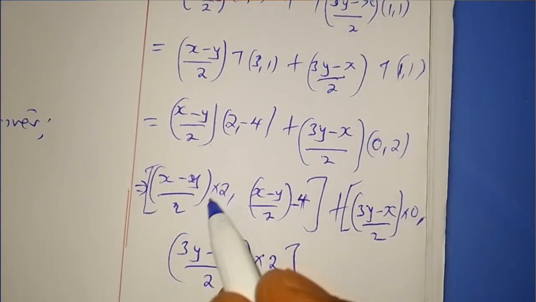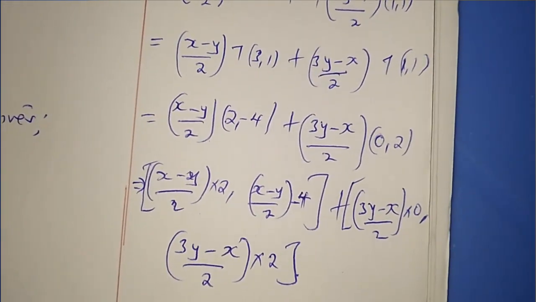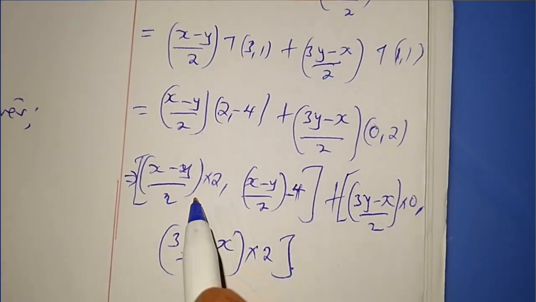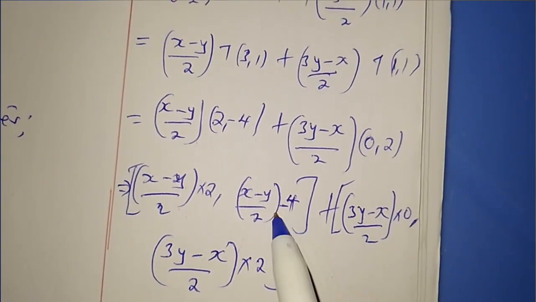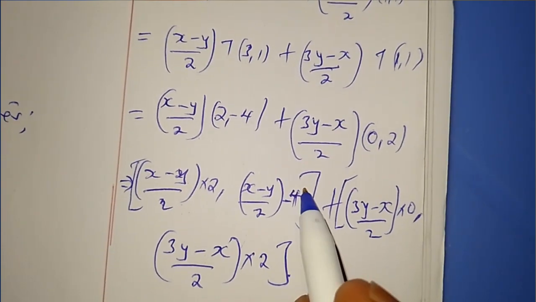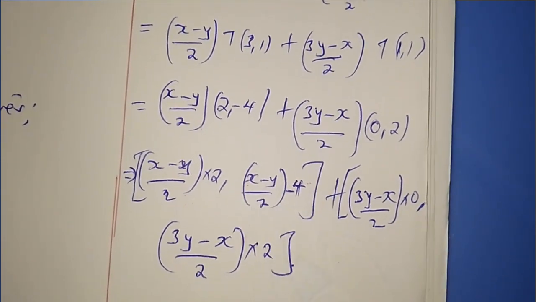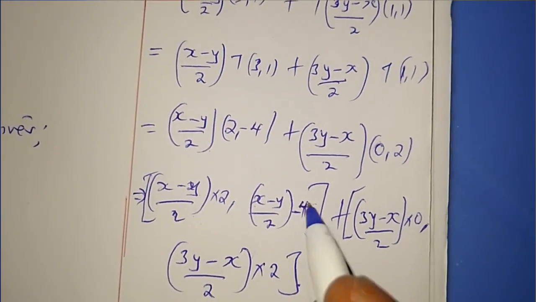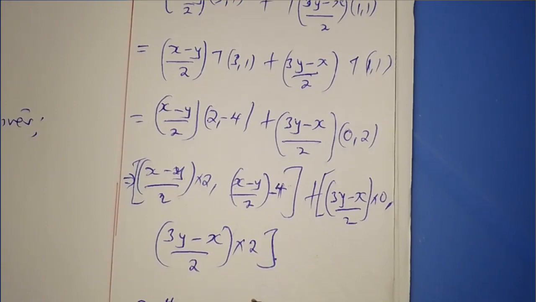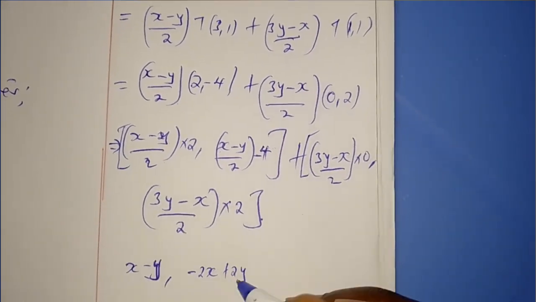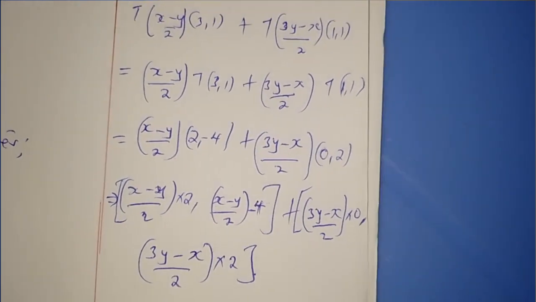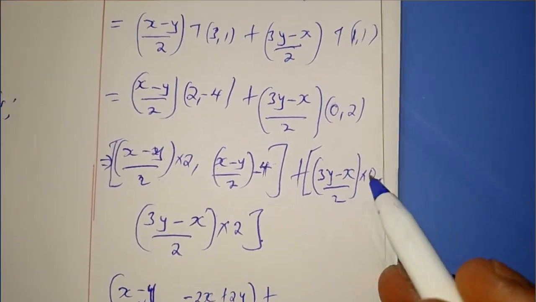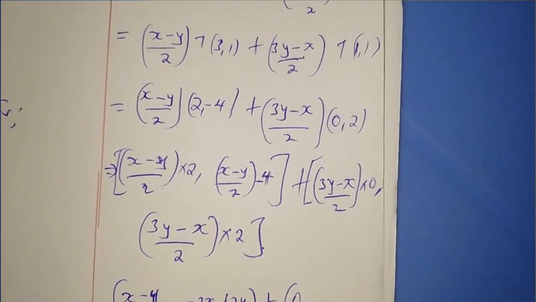So the 2 and the 2 cancel, and we remain with x − y here. Here, −2 times x is −2x, and −2 times 2 times −y is positive 2y. Then plus the whole of this times 0, which is 0.